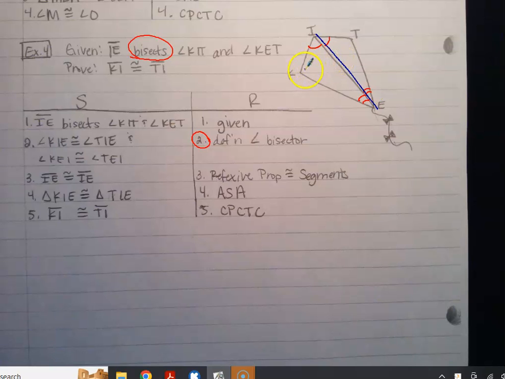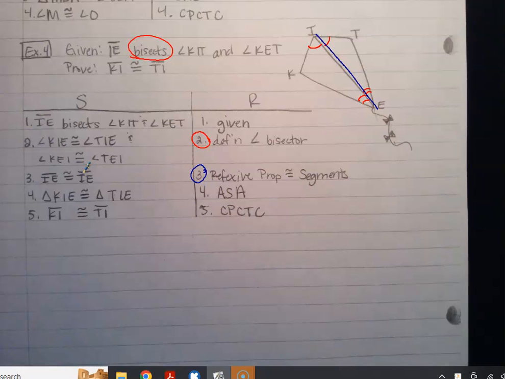Because it's a side for KIE and the blue line is a side for TIE. Can we prove that IE is congruent to IE? They're the exact same thing, yeah, but that's how we got to the next step. Okay, it's the reflexive property. IE is congruent to IE.